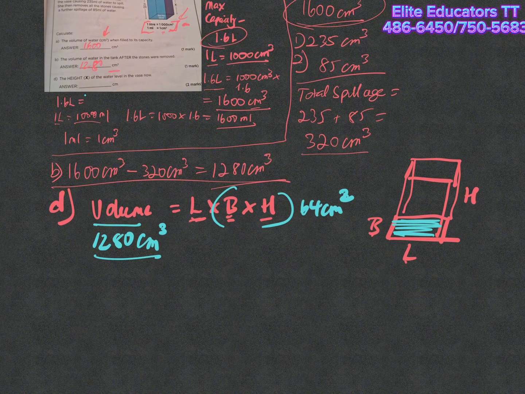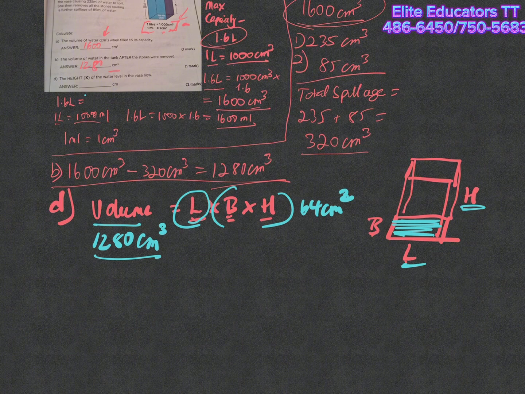So we have volume 1280 centimeters cubed, and we have the area. To find the length, in this case the height, we flip the labels.